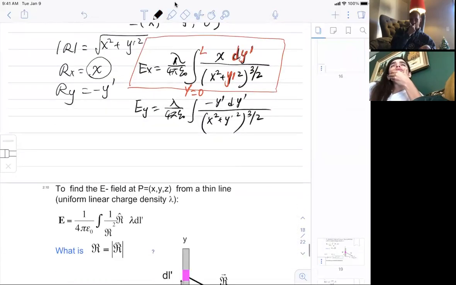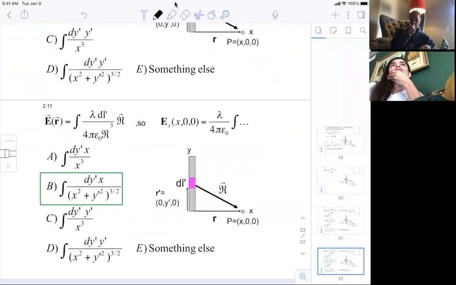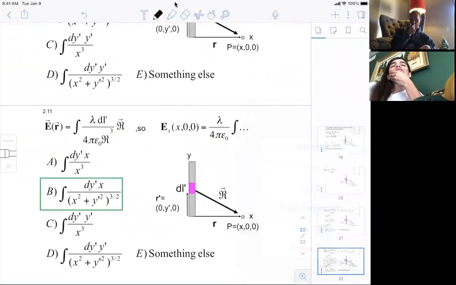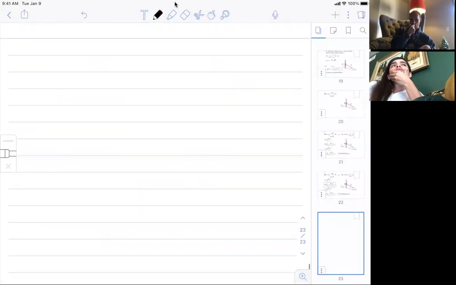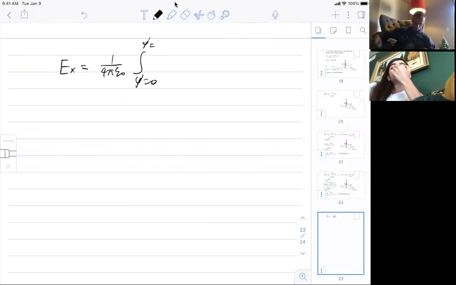Anyway, I'm going to go to the bottom of the notes to write this out. Okay, I end up with the expression. This is what I need to calculate. I'm not going to do the calculation, but I'll give you a hint, and you can finish it off by yourself. Or you can look at my notes later.